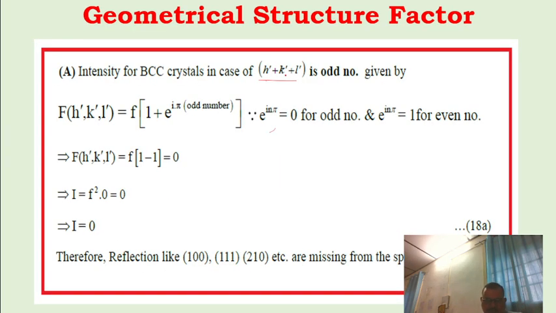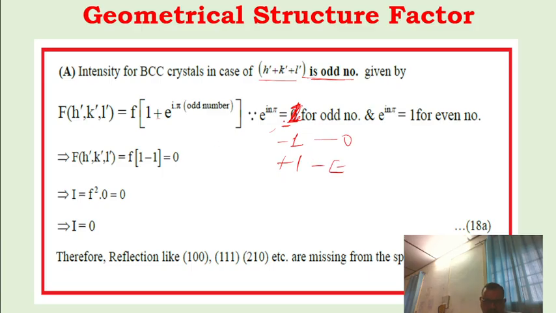If h dash plus k dash plus l dash is an odd number, this is minus 1, minus 1 for odd and plus 1 for even.